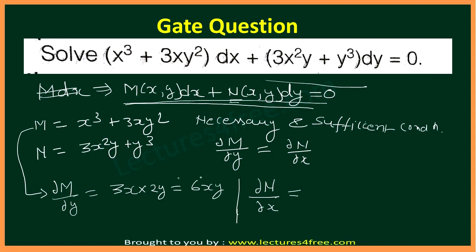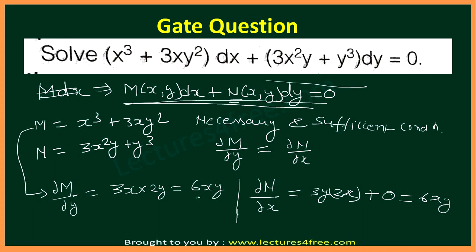The first term, 3x²y, gives 2x into 3y, plus y³, but we have to consider y as a constant here, so you will get 0 there, and here you will get 6xy.